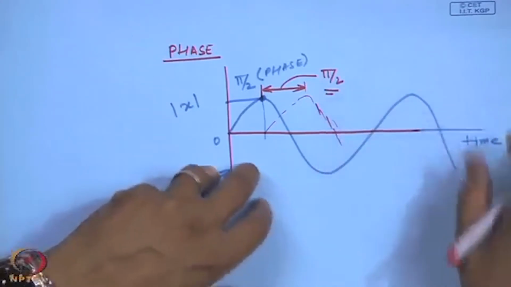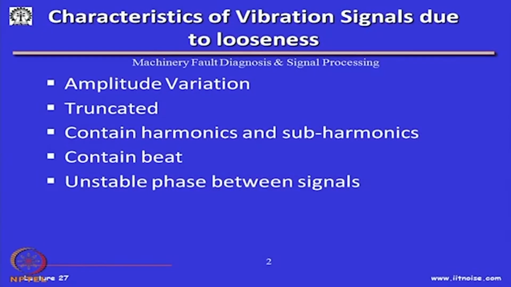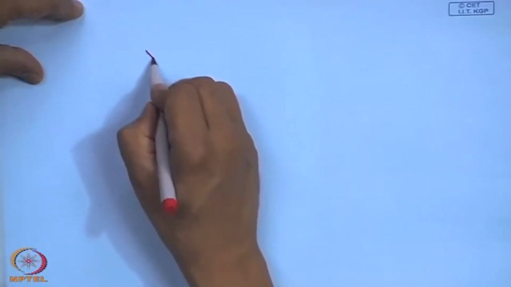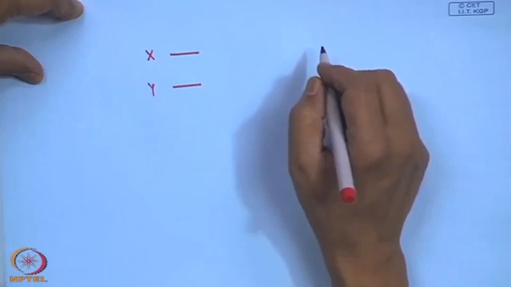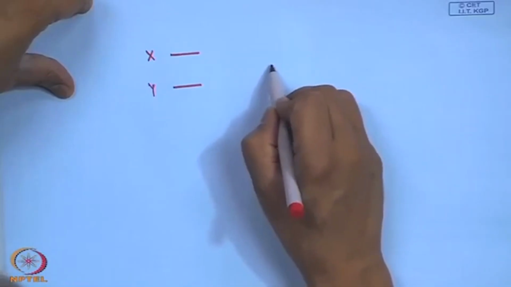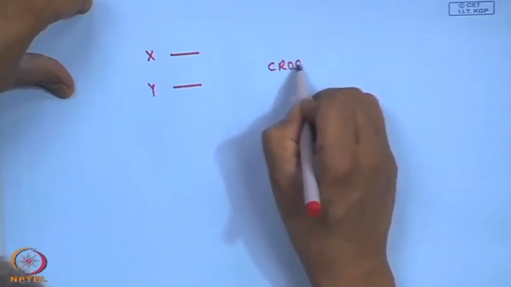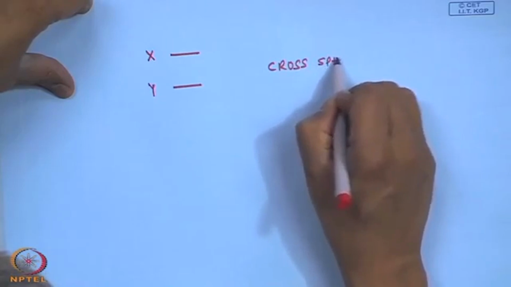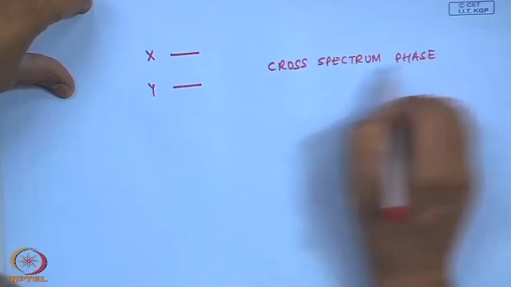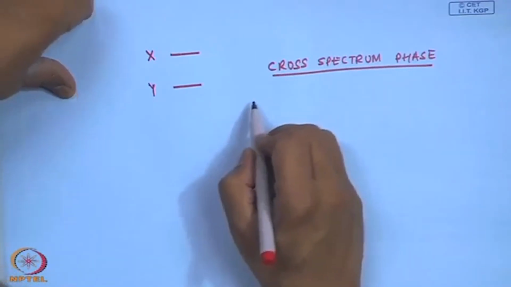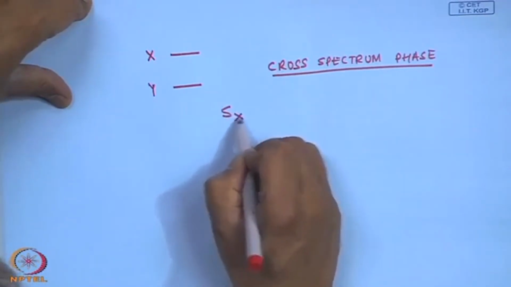Now, what do you mean by unstable phase between signals? When I talk about two signals x and y, how do I find out the phase of these two signals? There is a process known as the cross spectrum phase. In an FFT analyzer, I can always find out the auto spectrum Sxx.